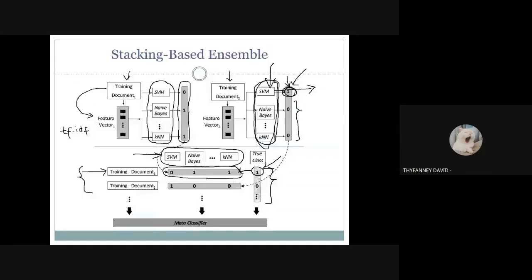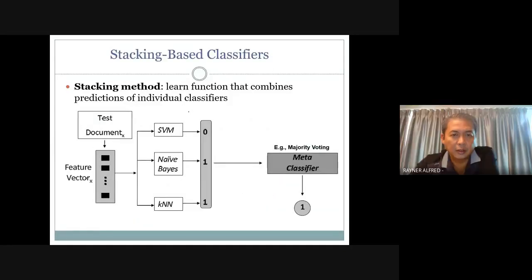No, sir. So for the stacking method, learn a function that combines predictions of individual classifiers. That is the key. We combine predictions of individual classifiers. So in this case, we are looking at the majority voting. How many ones?